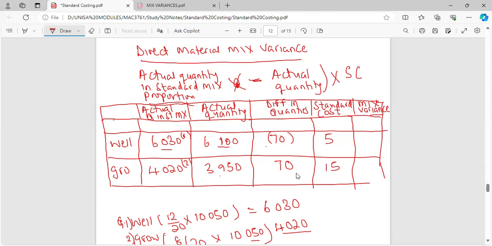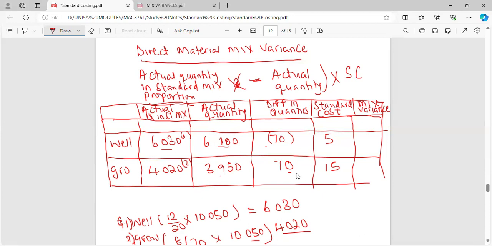Right. So if you go back to our notes, you will see that if you use more, this one is going to be a favorable one. So which means we use more of grow. So let's look at what is going to be the mix variance.